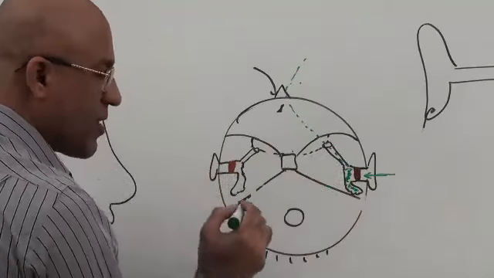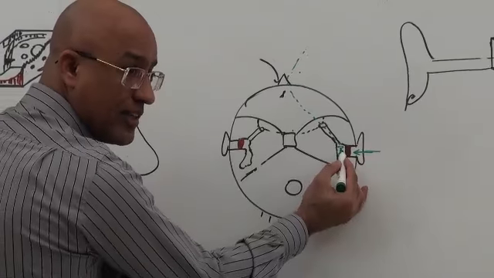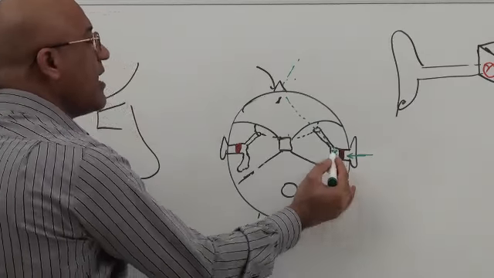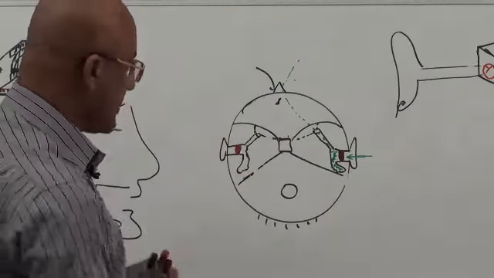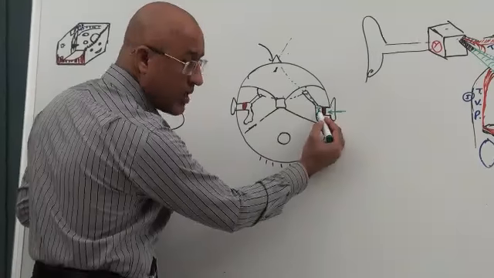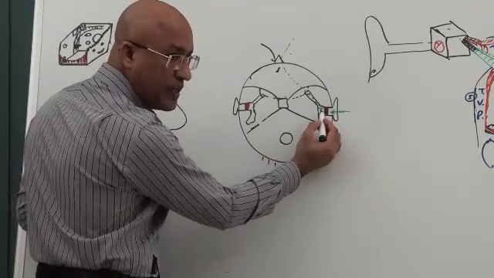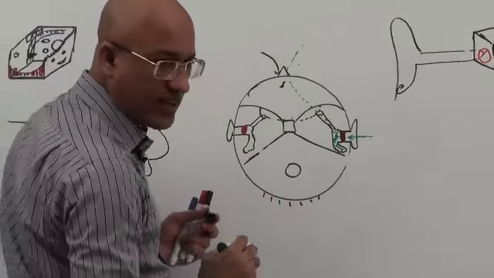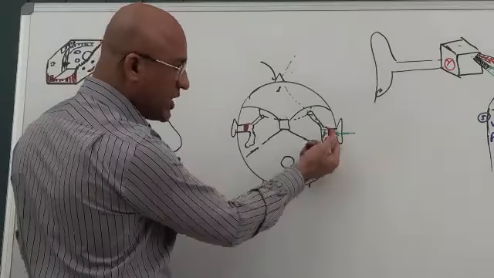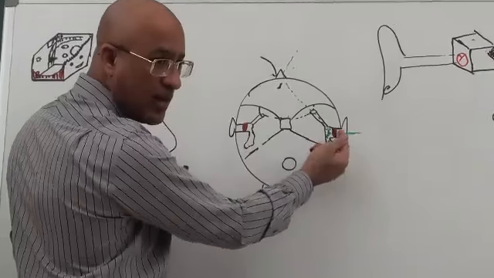So actually air is present on the outer side of the tympanic membrane as well as on the inner side of the tympanic membrane. Normally, physiologically, the air pressure outside and inside should be equal. If the air pressure outside and inside is equal, then the tympanic membrane will be free, and it will oscillate well, right?